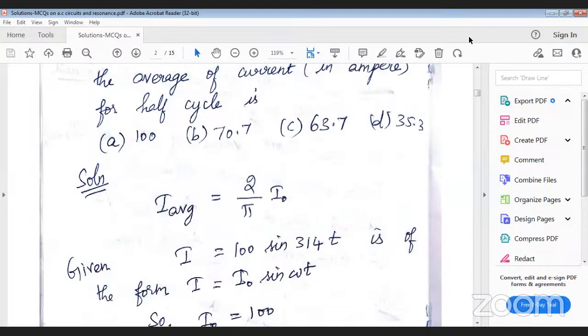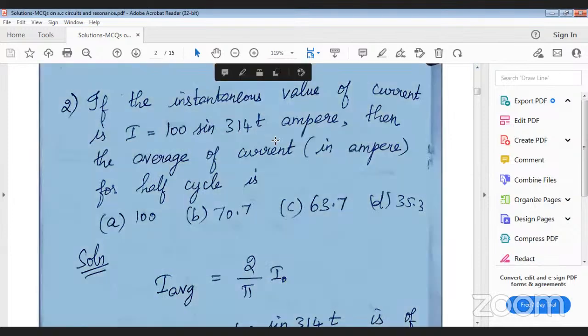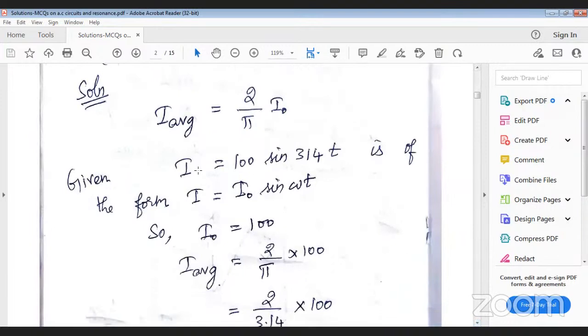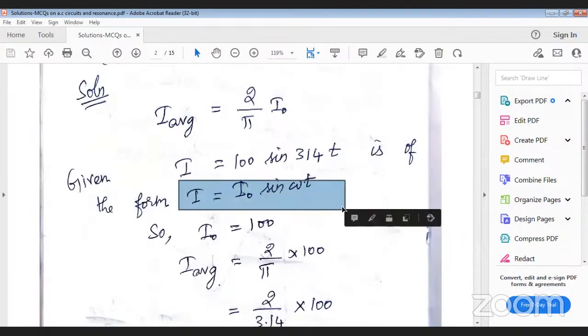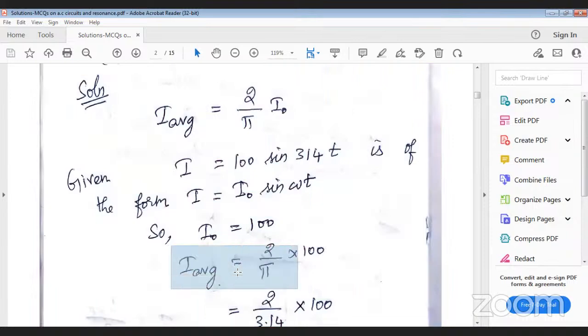Comparing the given equation with the standard form I equal to I naught sin omega t, we get I naught equal to 100.